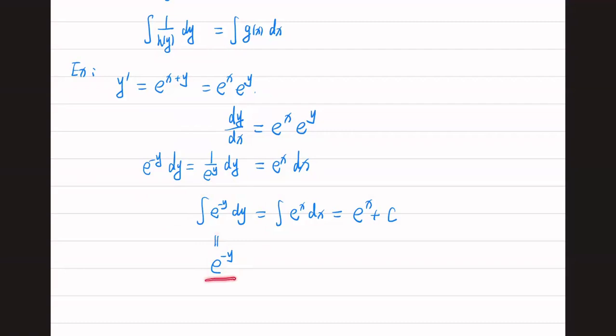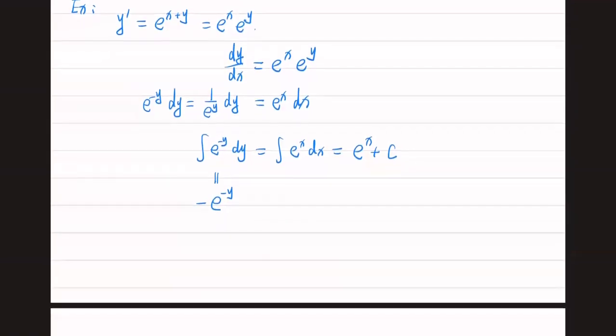If we take a derivative, what do you have? We apply the chain rule, it will be e to the negative y times negative 1. The derivative is just negative 1. When you cancel this negative, we put a negative. That's the integral. In this way, we have the solution.